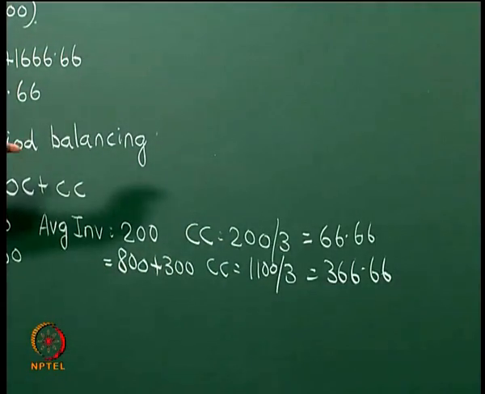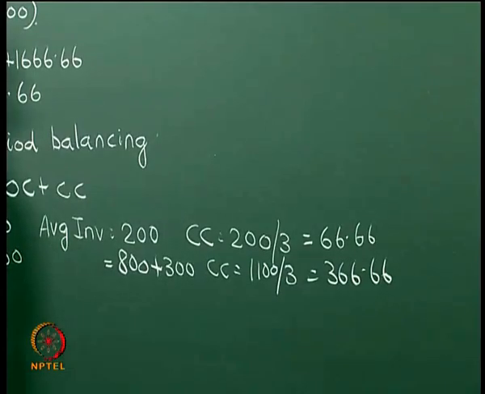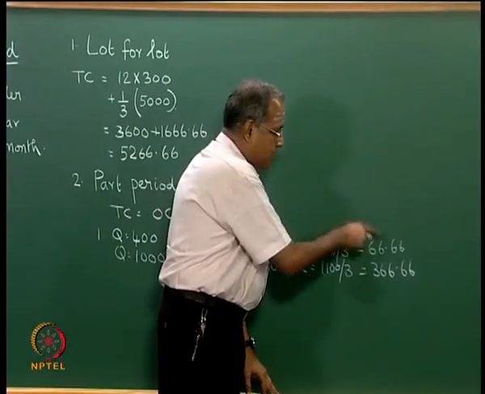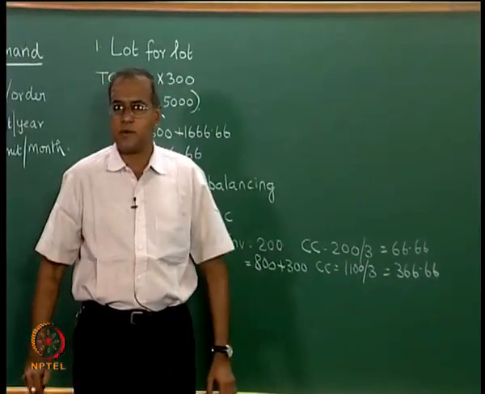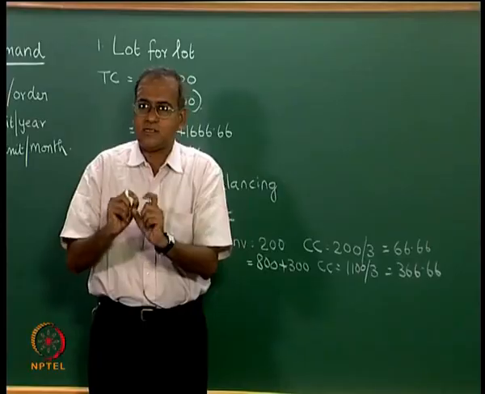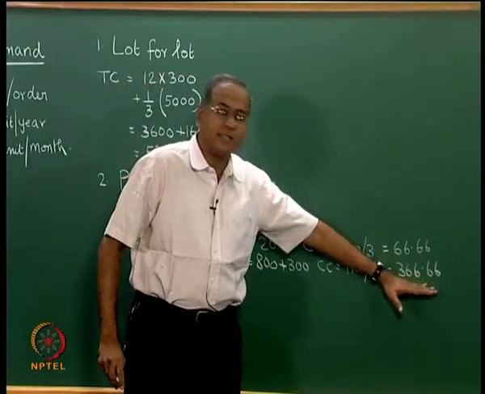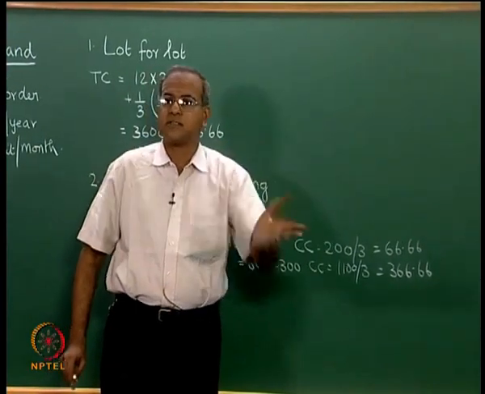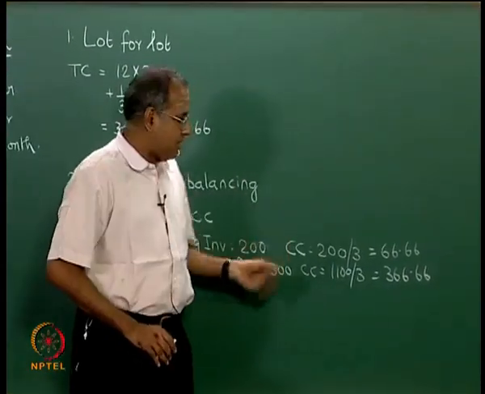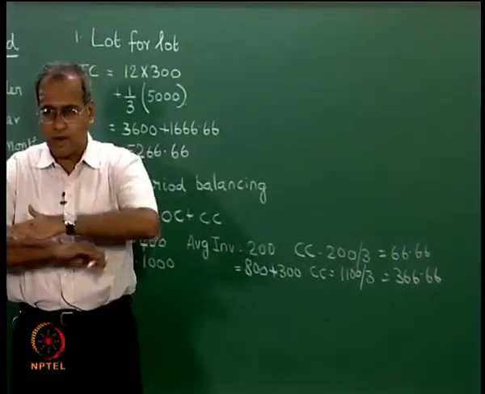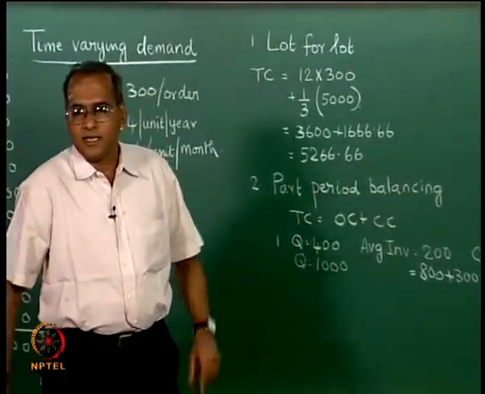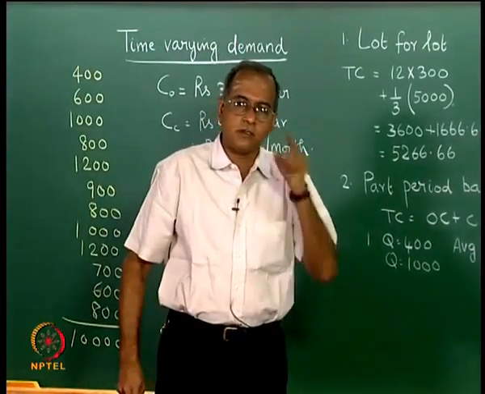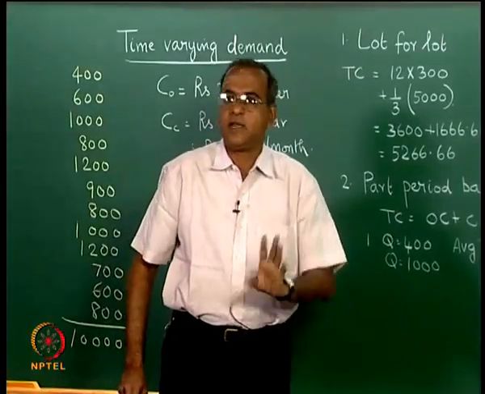So the moment the order cost is exceeded, we stop there, and then we have to decide whether we choose this 66 or this 366.66. Common sense tells us that we choose 366.66 because it is closer to 300 than the 66. So when the carrying cost exceeds the order cost, stop the computation and look at the last two values of the carrying cost. Whichever is closer to the order cost, you take it up.